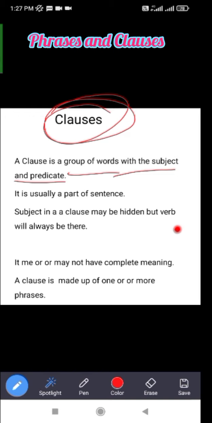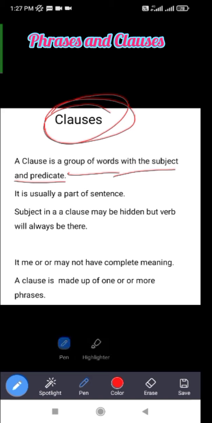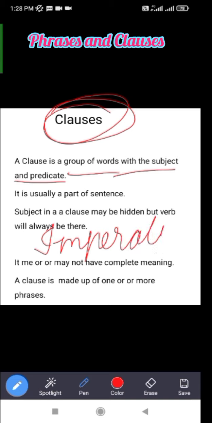Mostly you will find a hidden subject in an imperative sentence. You had studied imperative sentences, where we simply command, we order, we request, like please give me a cup of tea.